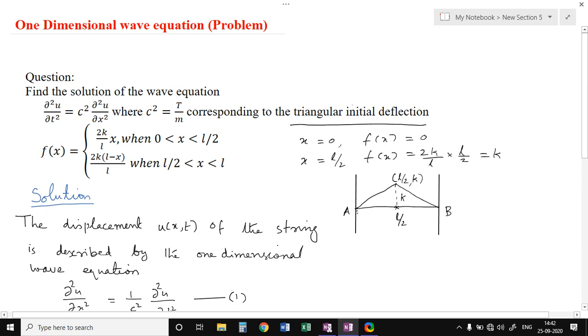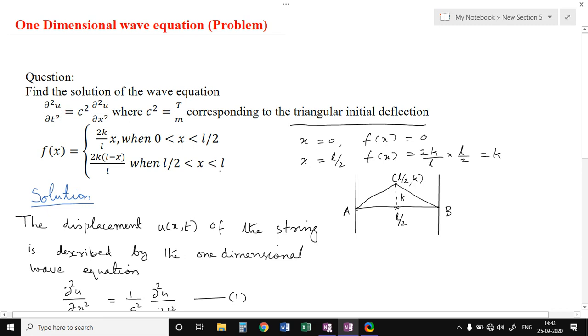So this is the straight line which represents the function 2k/L x, valid when x takes values from 0 to L/2. Now consider the second case. Here when x is equal to L/2, we get the same point k.